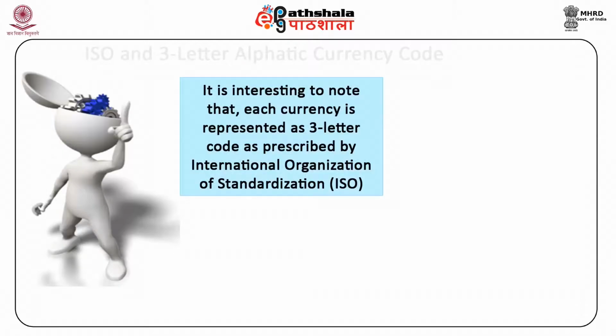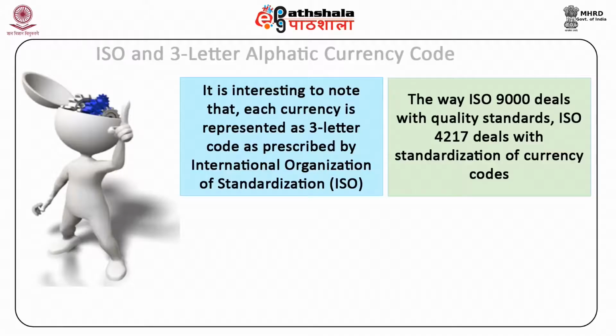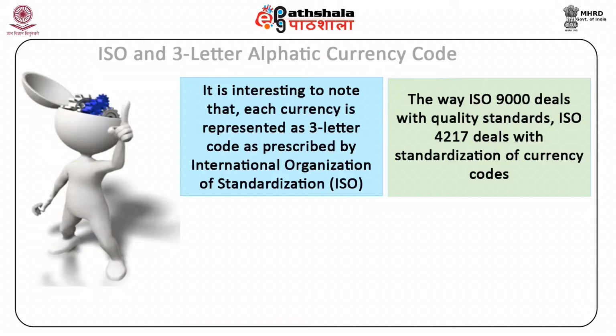Next, we will talk about ISO and the three-letter alphabetic currency code. Each currency is represented as a three-letter code as prescribed by the International Organization for Standardization, that is ISO. The way ISO 9000 deals with quality standards, ISO 4217 deals with standardization of currency codes.